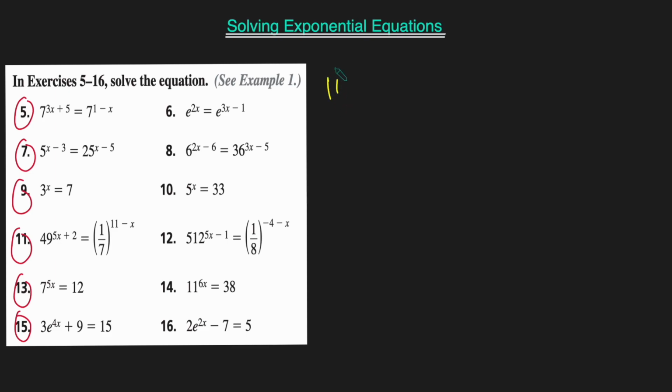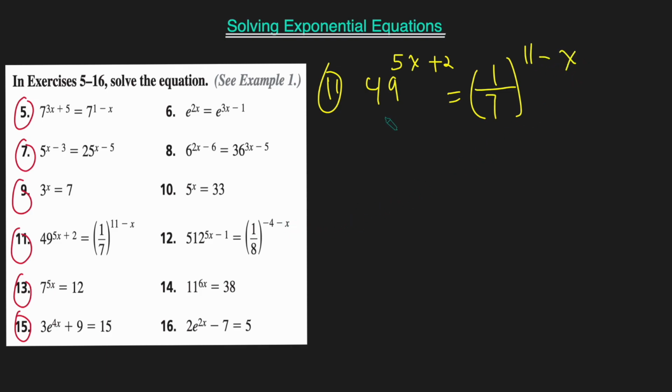Problem number 11. 49 to the 5x plus 2 equals 1 over 7 to the 11 minus x. I see a 7 that is common between the two bases.